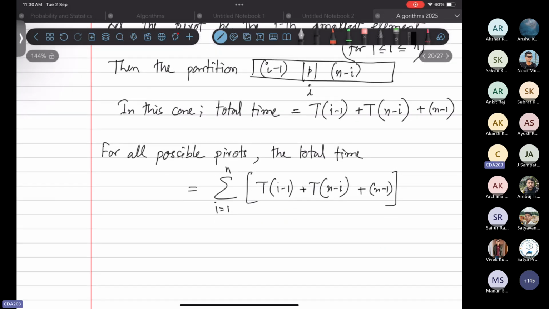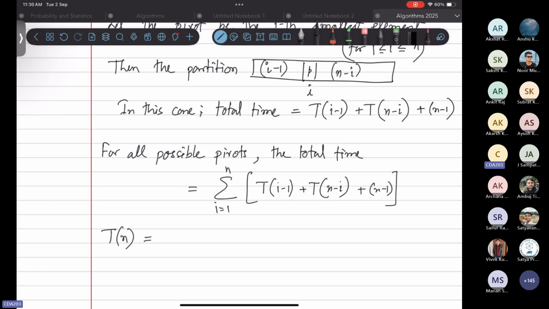This is the total time over all possibilities of the pivot. I'm interested in the average time. Tn is the average running time. So what should I do?